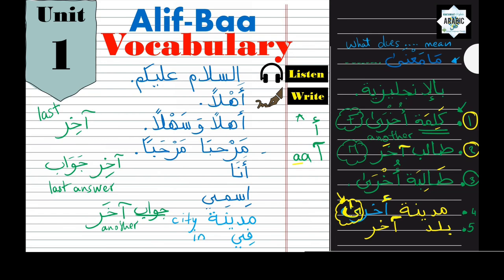So adjectives, you can place them in different sentences. جواب, جواب is answer. So you have جواب here. And then we have أخرى. What else we have? آخر.